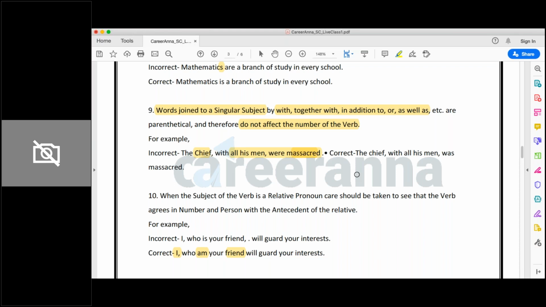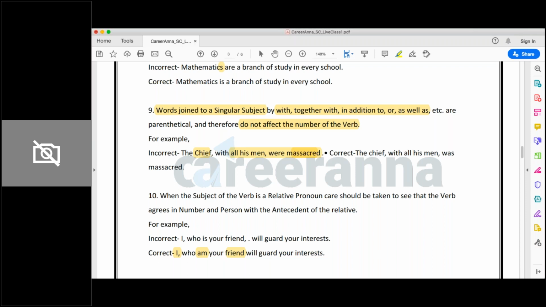I'm saying if I have a relative pronoun, what is the relative pronoun in this sentence? Who? Now, is who embedded between two nouns?